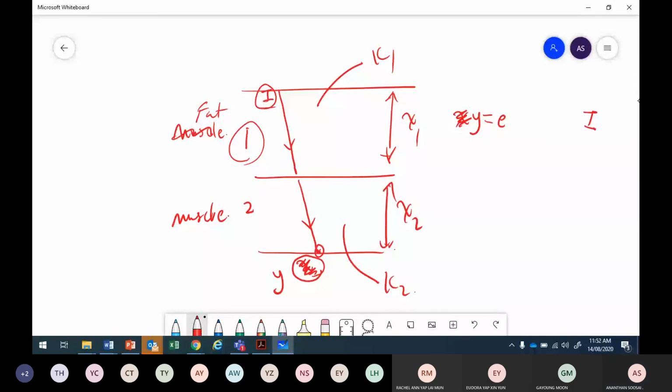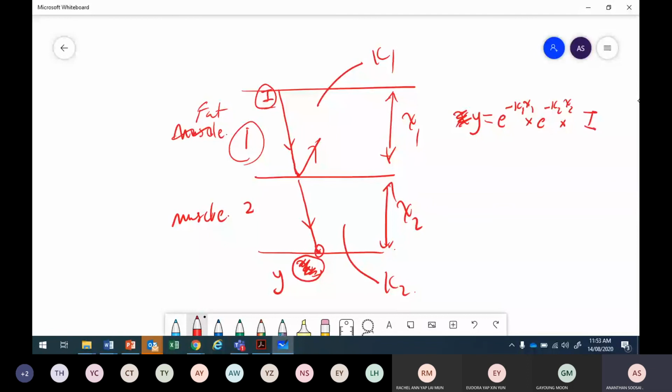First, absorption: e to the negative k1 x1, multiplied by the next absorption, e to the negative k2 x2, then multiplied by the reflection at the boundary.